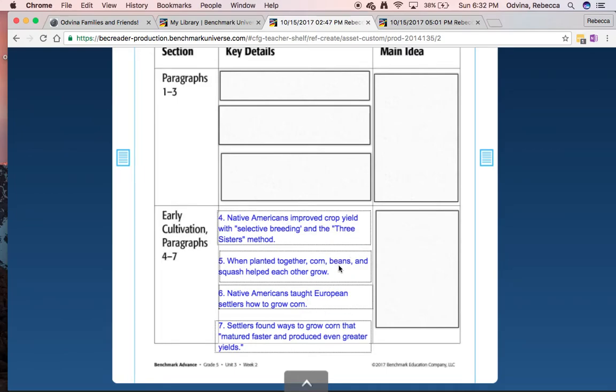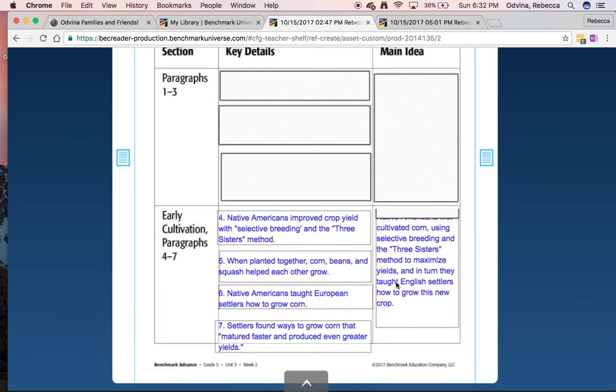All of those added up to the main idea: Native Americans first cultivated corn using selective breeding and the Three Sisters method to maximize yields, and in turn they taught English settlers how to grow this new crop.